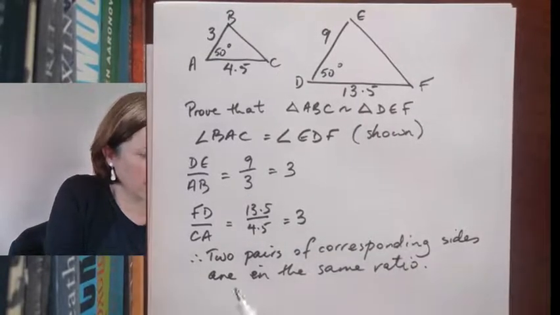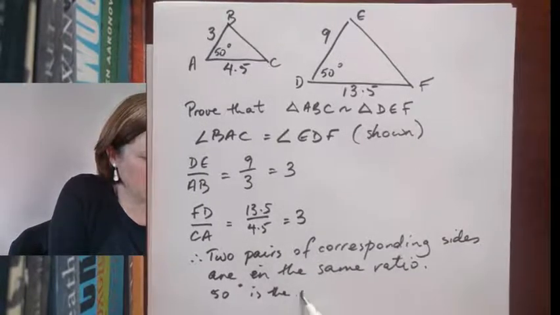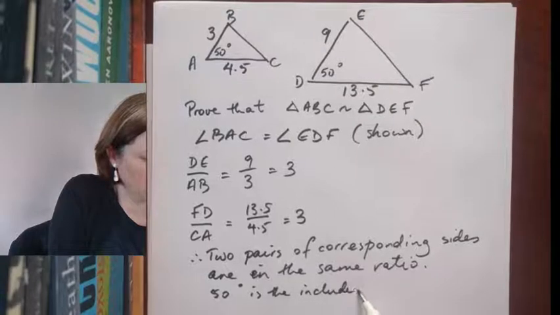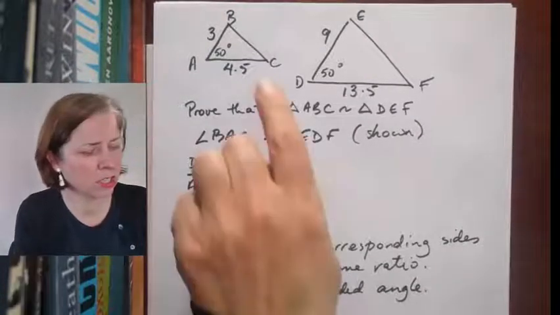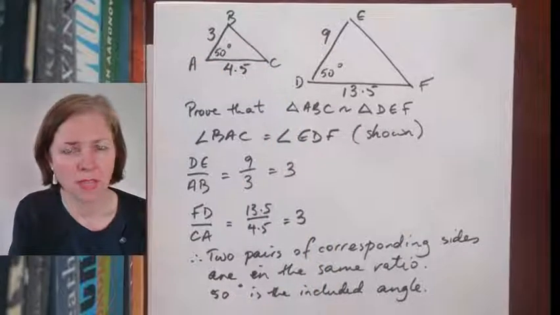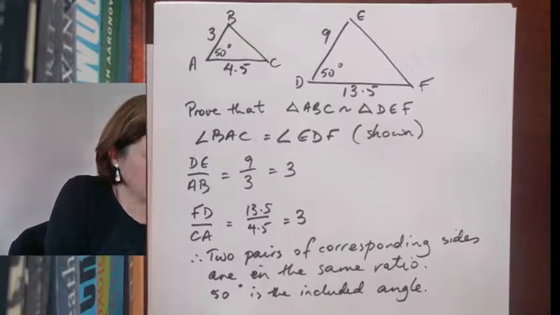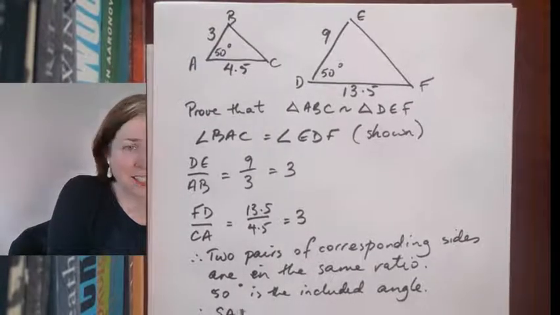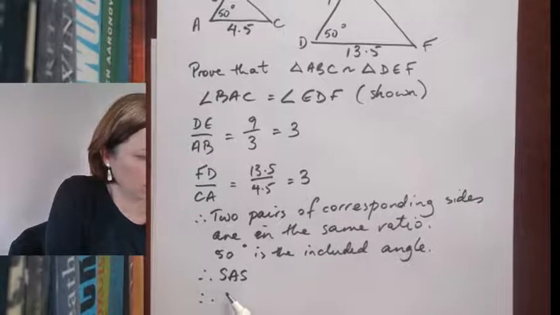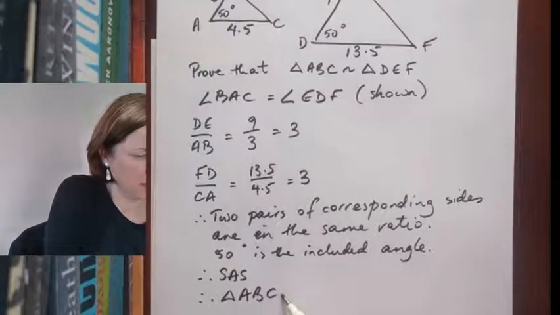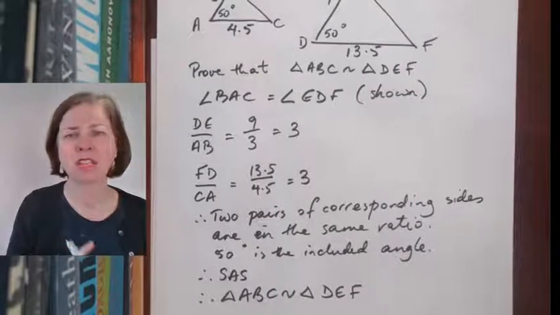I'm also going to point out that 50 degrees is the included angle, meaning it's the angle that touches both of those sides. That's important for SAS, right? Therefore, SAS, that's my shorthand. Therefore, triangle ABC is similar to triangle DEF. And that's my last worked example.